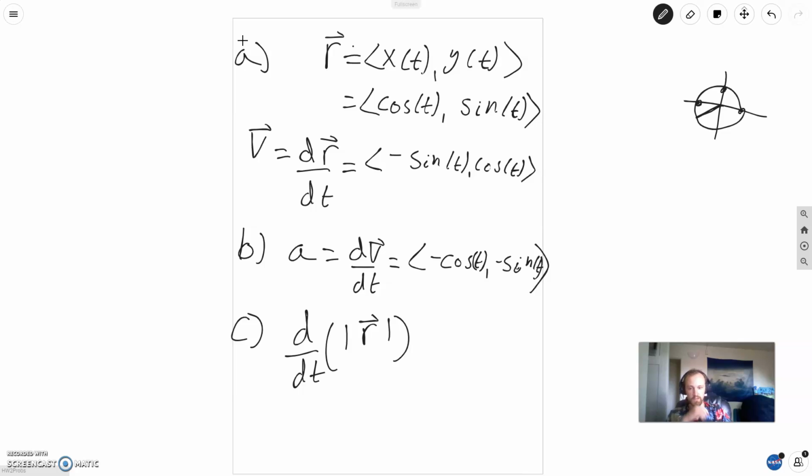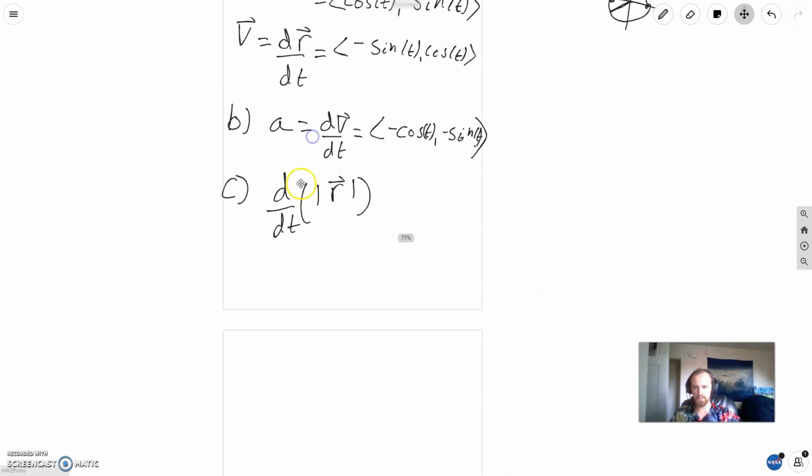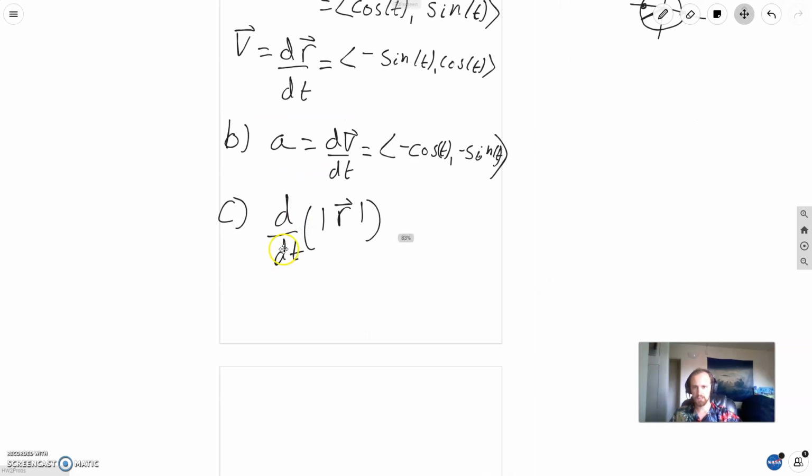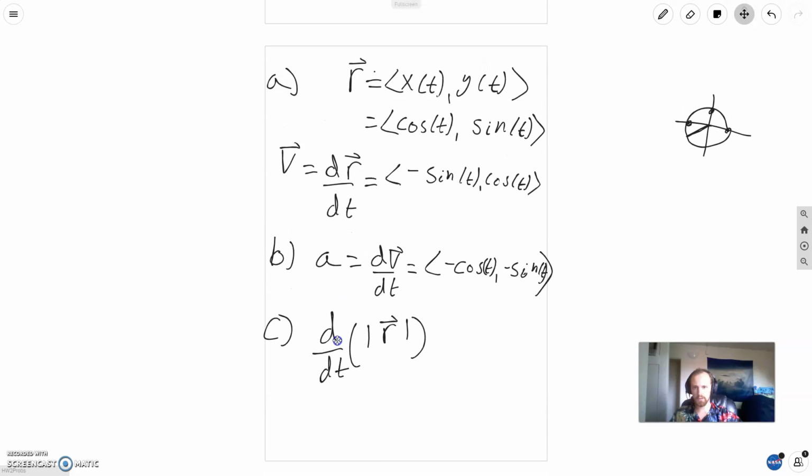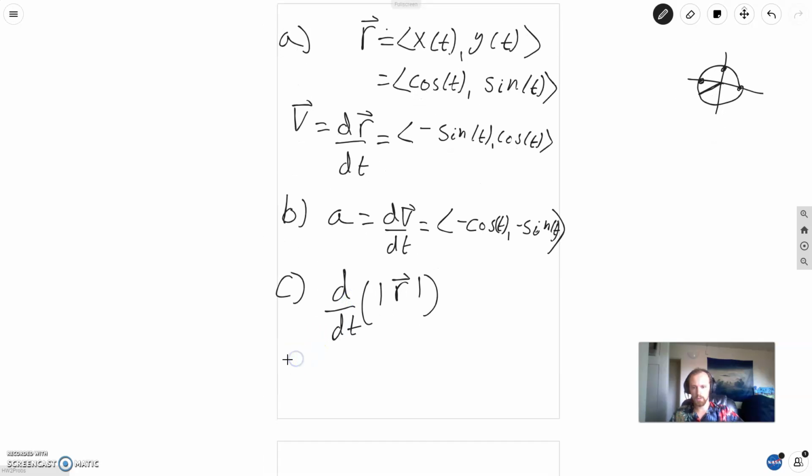But why don't we see if we can do it exactly? So if we're taking the derivative of that, that means we've got to take the derivative of the square root of cosine of t squared plus sine of t squared.